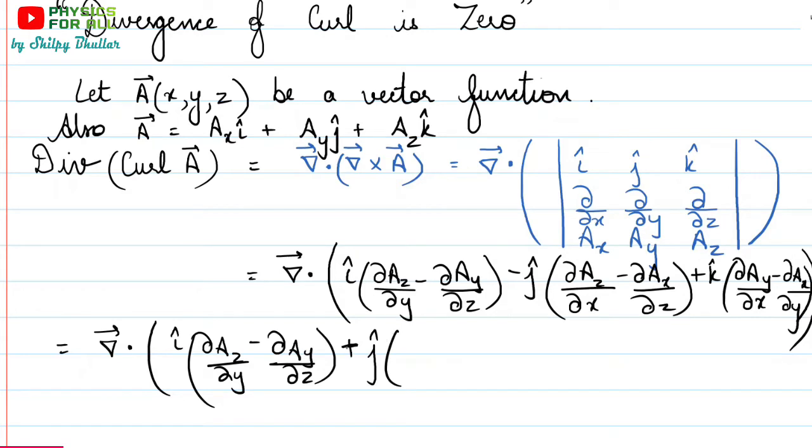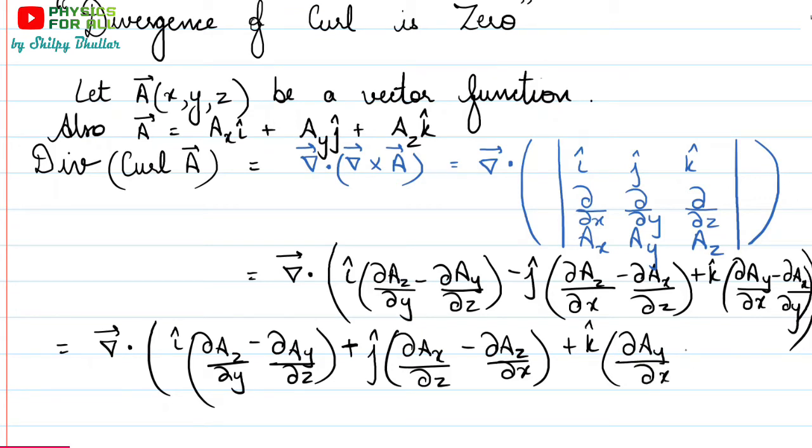So if we have to bring a positive sign here, then we have to write curly Ax by curly z minus curly Az by curly x. And then this k cap is again a positive quantity. So this is it.